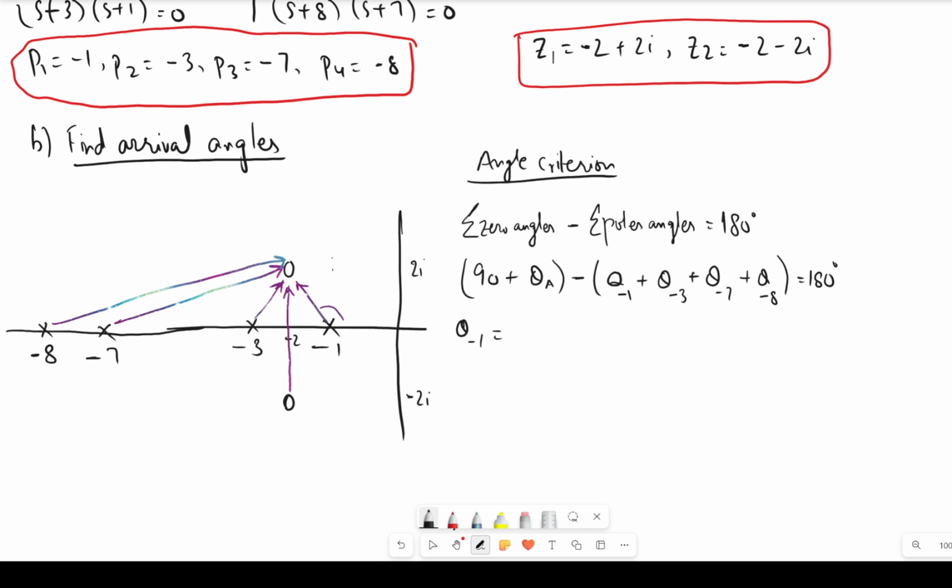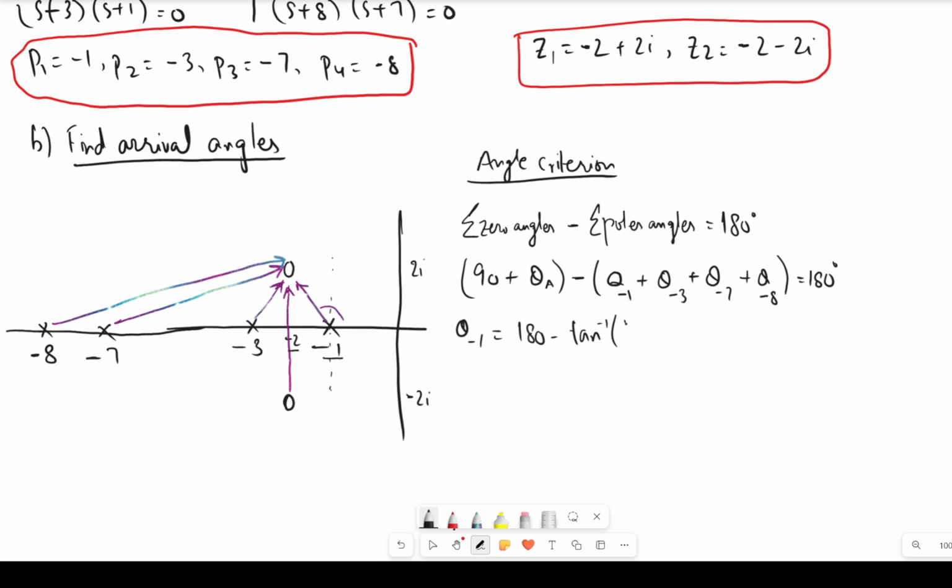Now we can see that this angle is greater than 90 degrees and less than 180 degrees. So to find this, we need to write 180 minus tan inverse y by x. If we see the height of this arrow is 2 and the base is from -2 to -1, so the x distance is 2 minus 1, which is 1, and the height is 2.